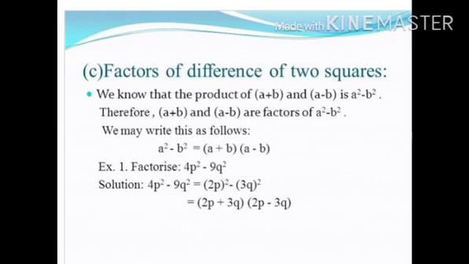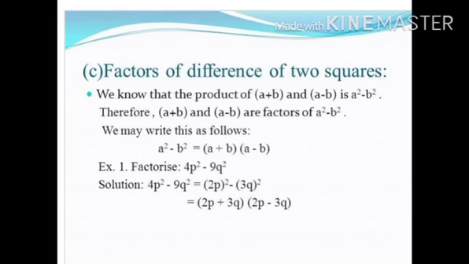Now this is the third method, factorization when the given expression is the difference of two squares. We know that the product of a plus b and a minus b is a square minus b square. Therefore a plus b and a minus b are the factors of a square minus b square.